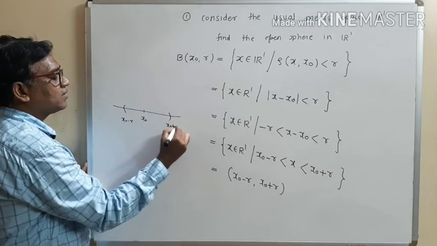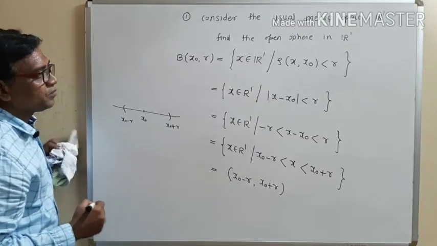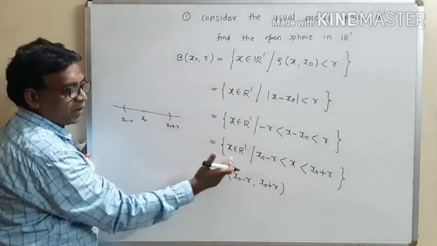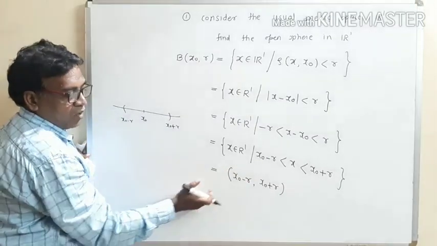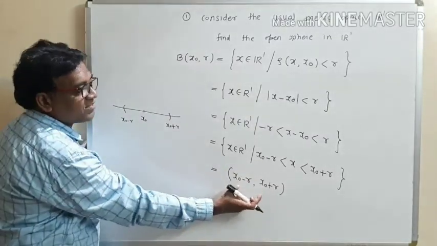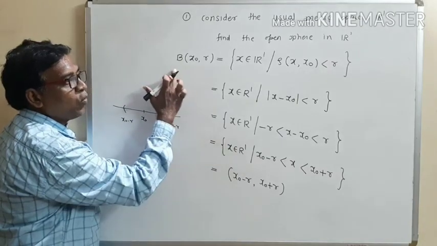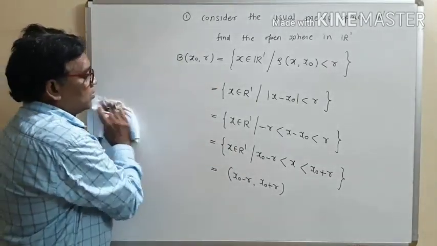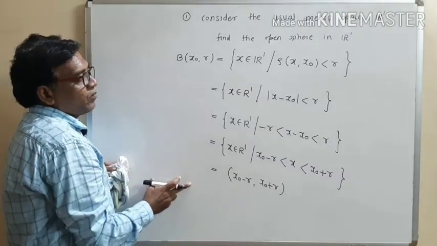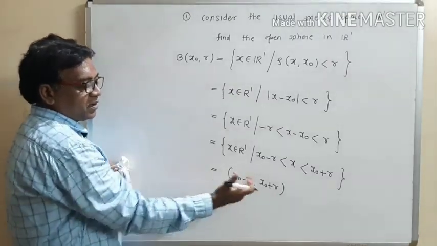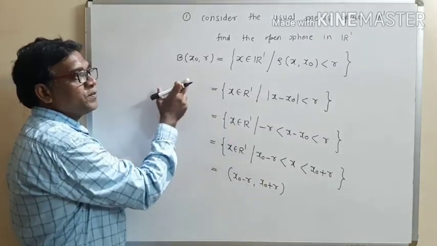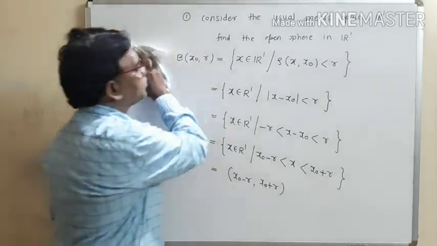So the open sphere in the real line is nothing but the open interval. An open interval precisely represents the open sphere in the real line. Every open interval is an open sphere in the real line.